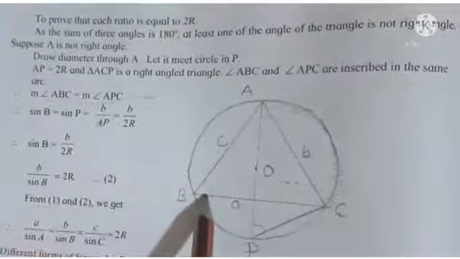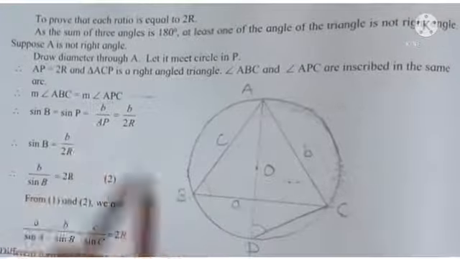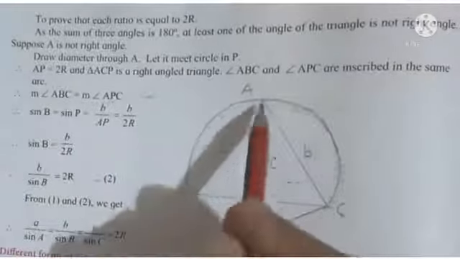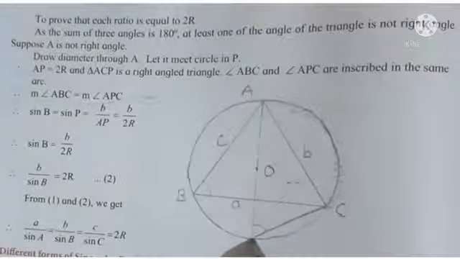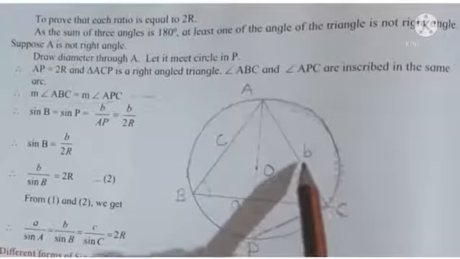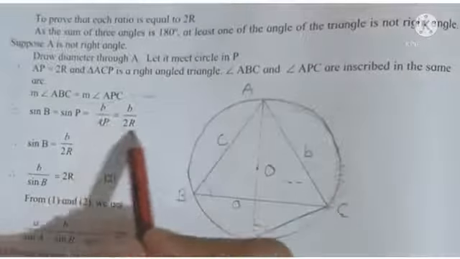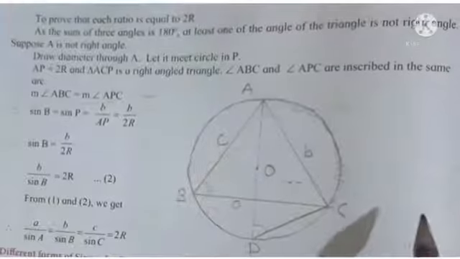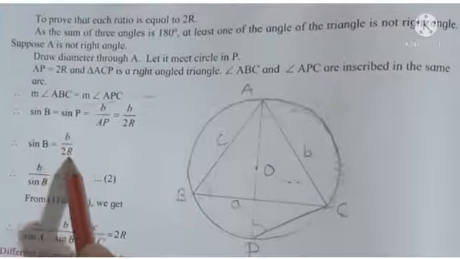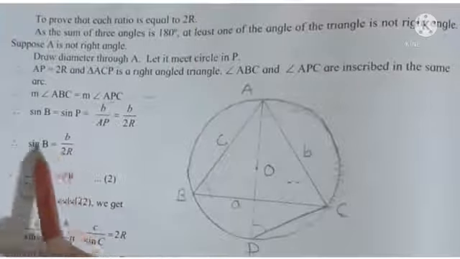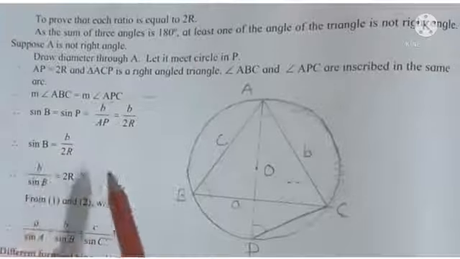You calculated b upon AP. Sin B is b upon AP, and AP is 2R, so sin B is equal to b upon 2R. Therefore, we get 2R is equal to b upon sin B.